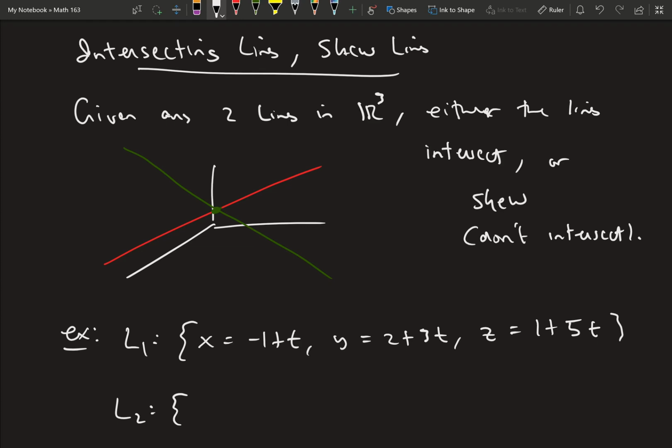For L2, notice here I'm not going to write this as a function of t, and I'll explain why in a second. Let's call this x2 is just s, so that's the letter s. y2 is 1 minus s, and z2 of s is negative s.